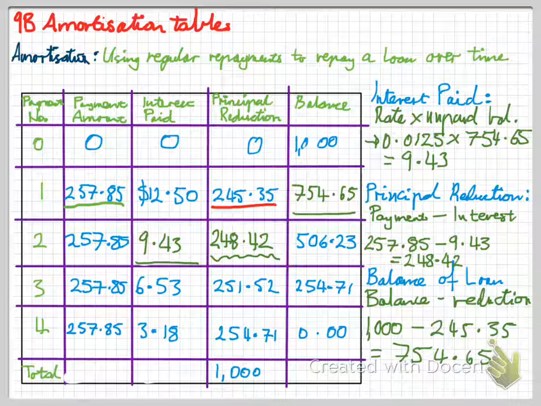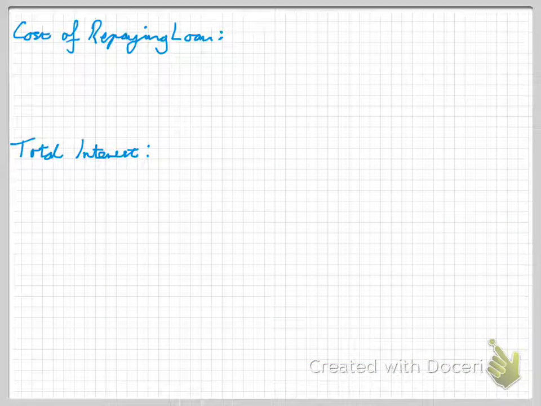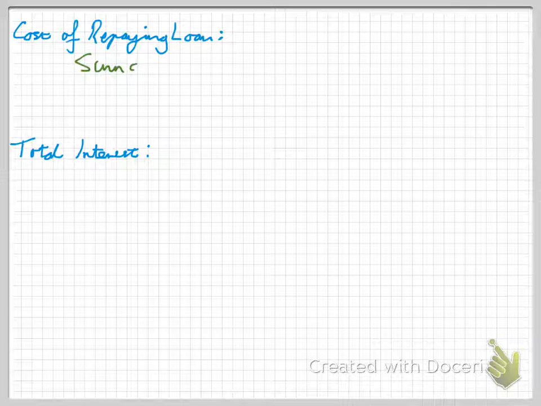Okay, now that is lots of the information. We've still got a little bit to go. On the next page, you'll see we've got the cost of repaying the loan. The cost of repaying the loan is just the sum of repayments.